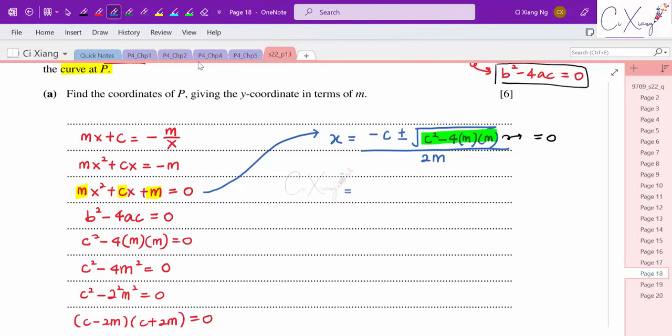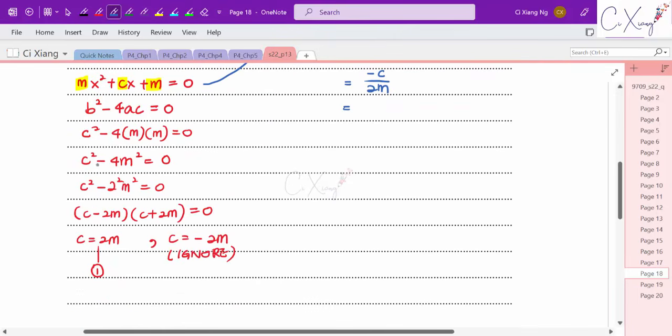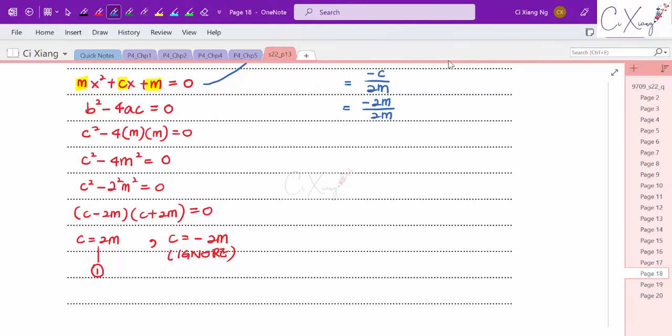And I can just focus on simplifying my answer here, negative c over 2m. And to get the x coordinate, I have a relation between c and m. So I know that c equals 2m. So what I am going to do here is negative 2m divided by 2m, and the x coordinate will be negative 1.